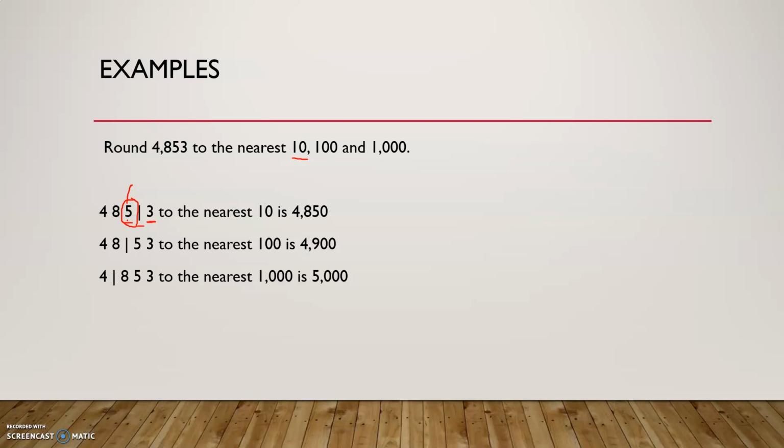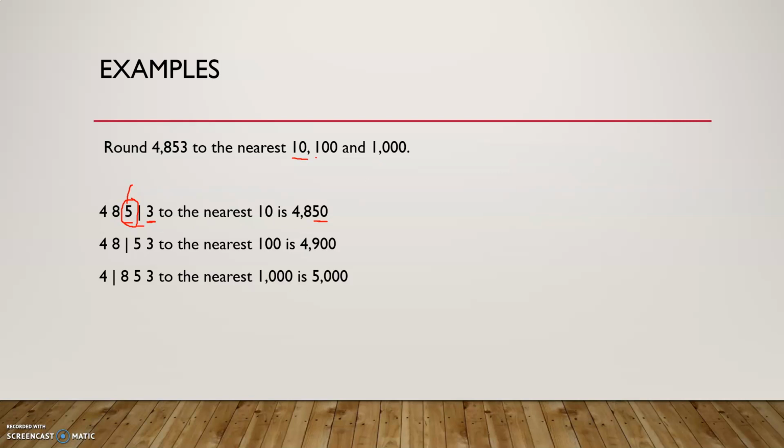So we keep the number the same, hence we go 485. And as per the rule, we have to make the rest of the number 0. So here we go, 0. So 4853 to the nearest 10 is 4850.